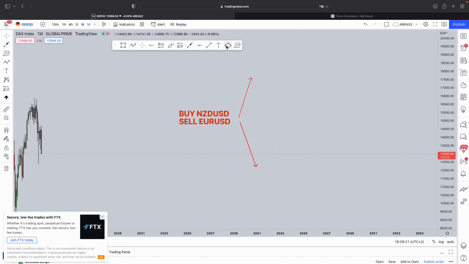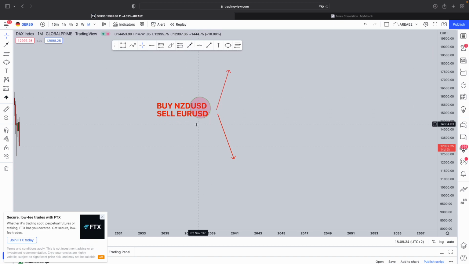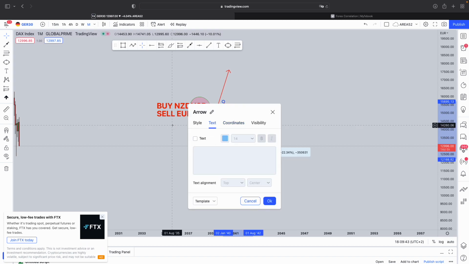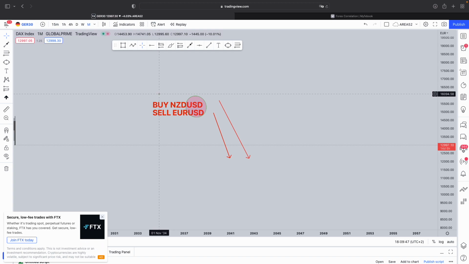So let's say there's positive news coming out, because you're trading two different currencies against one currency. If there's high impact news coming out for this currency and that news is positive, this currency is going to be stronger than this one, so this one is going to dump. Because when you buy NZD against USD, you're saying that NZD is going to get stronger against the US dollar.